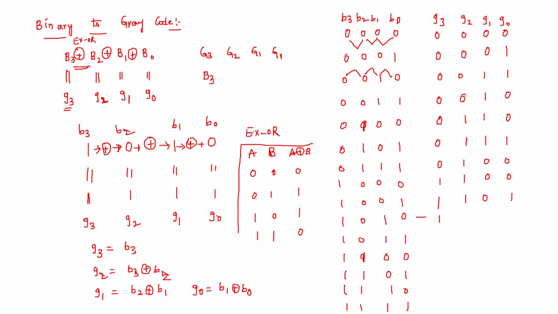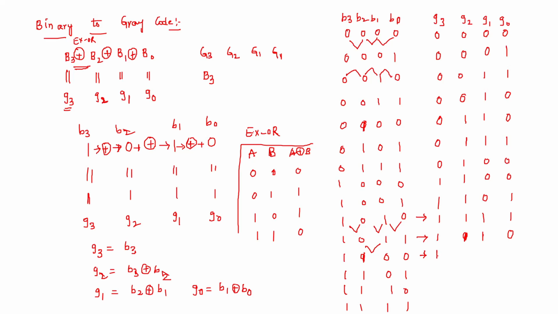How do you convert? 0 XOR with 1 is 1. 1 XOR with 0 is 1. 1 XOR with 1 is 0. An odd number of ones present means your output is always 1, and an even number of ones present means the output is always 0.